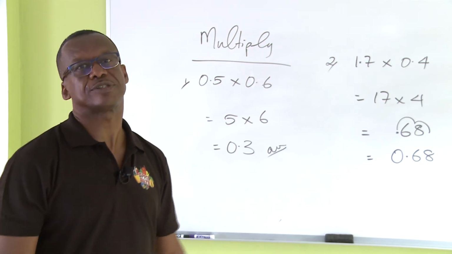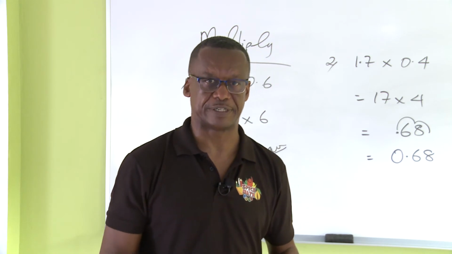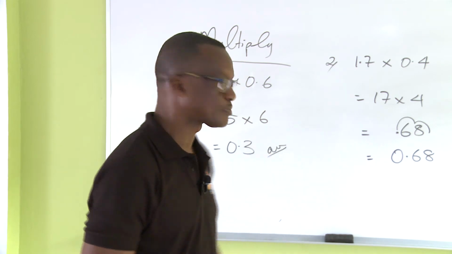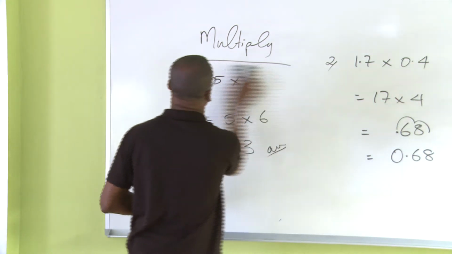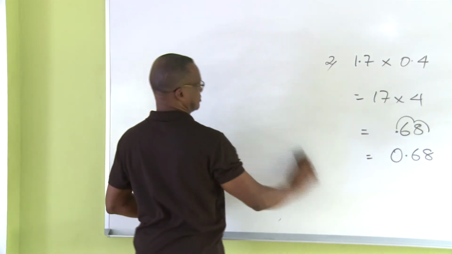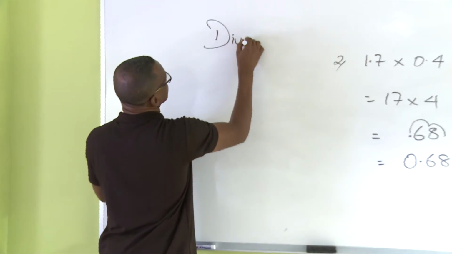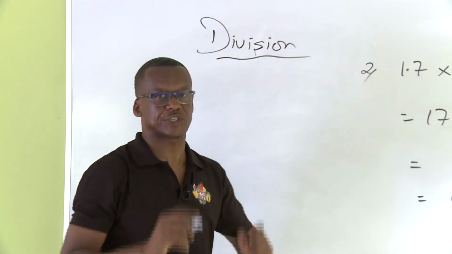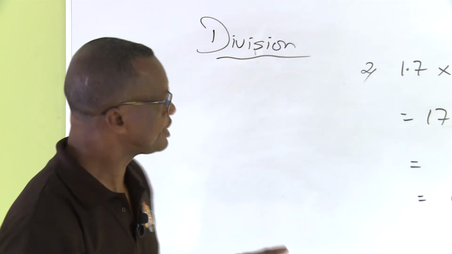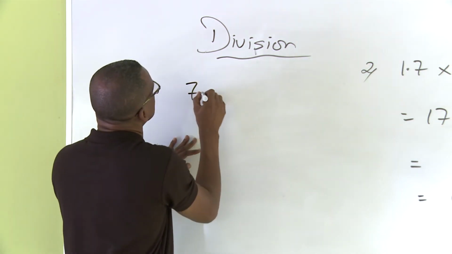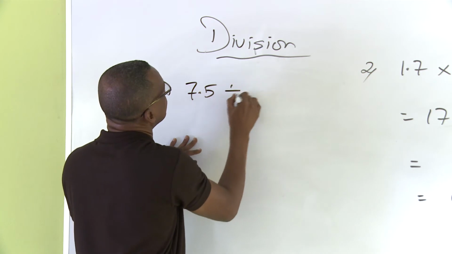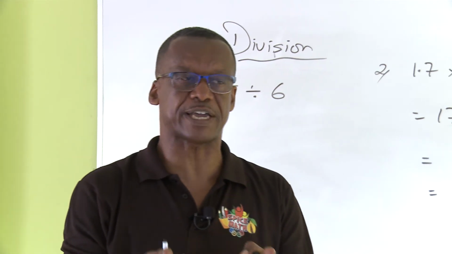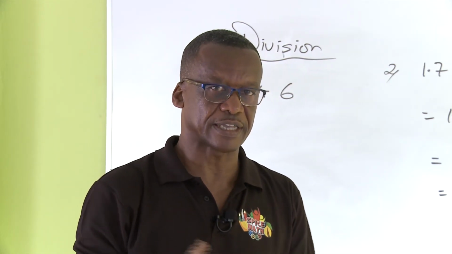The next challenge is to divide decimals, because now we're going to split it into 2 sections. The first section is, if we have a division problem that says 7.5 divided by 6, we will identify the dividend and the divisor.